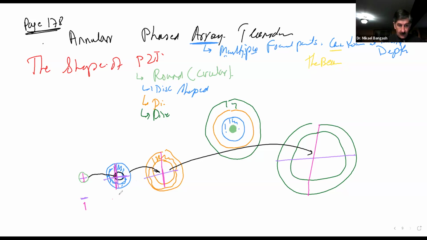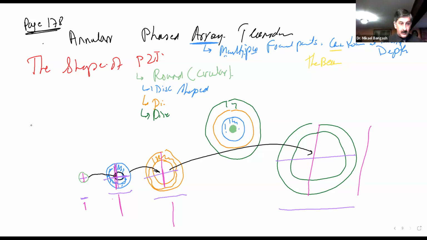Likewise, for this one, it will have the same height as its width. Right here, we'll have the same width as the height. Same over here, it will have the same width as its height. Which may mean that if this here was half a centimeter, then this will also have to be half a centimeter.